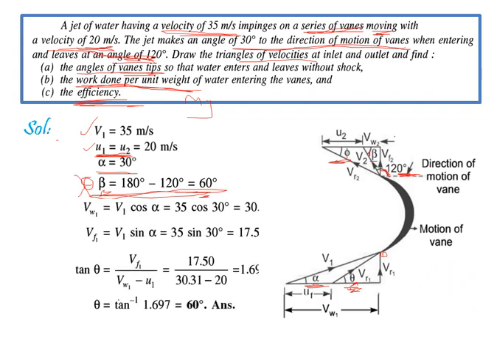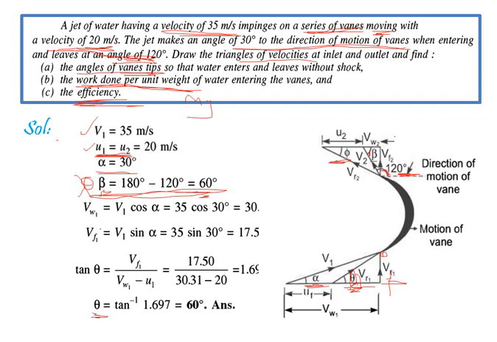Now to get the theta value, where is that theta? Here the theta value is there. So if you know the components VR1 and VF1, you will get the theta value.